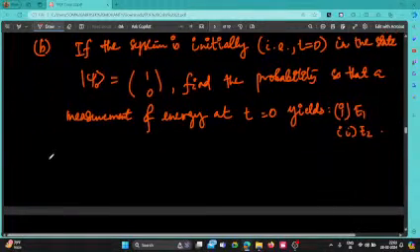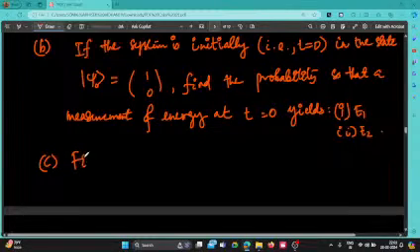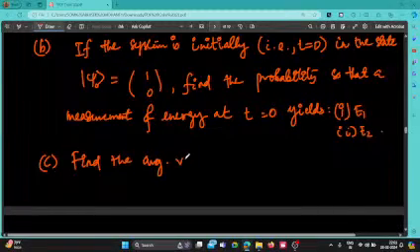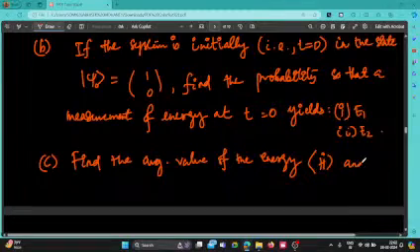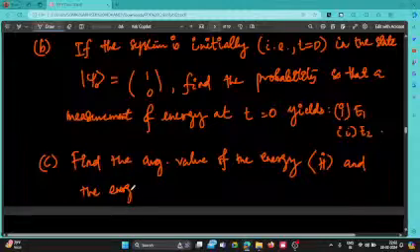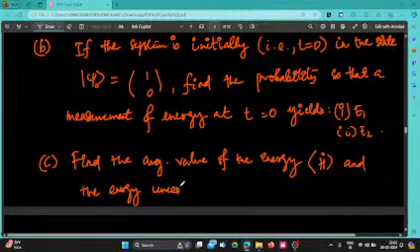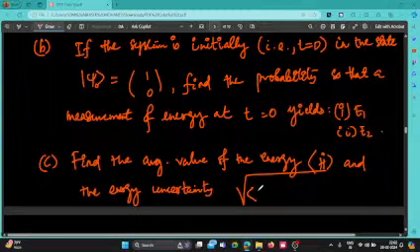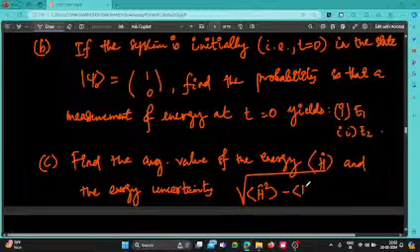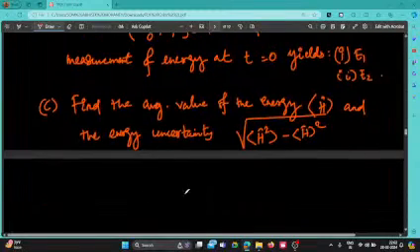There are more questions on this. C: find the average value of the energy, <H>, and the energy uncertainty, the square root of <H squared> minus <H> squared.